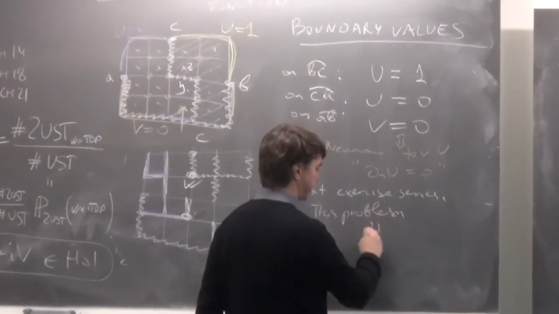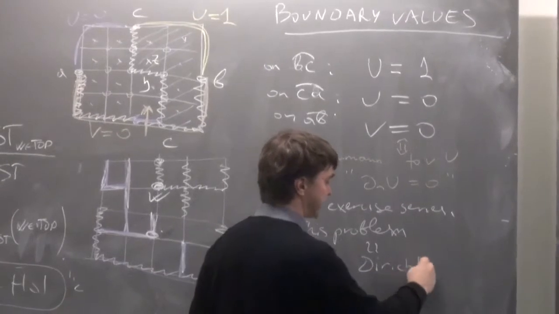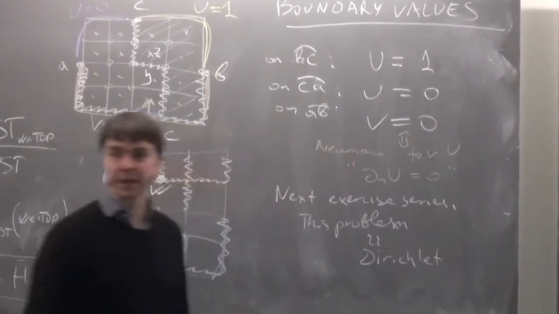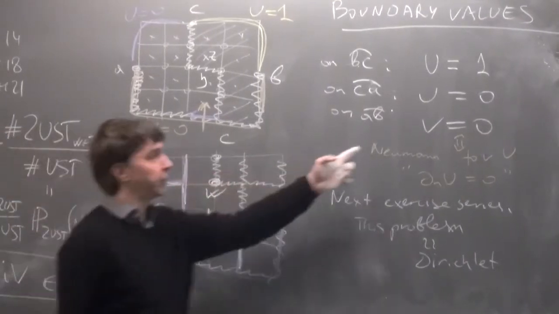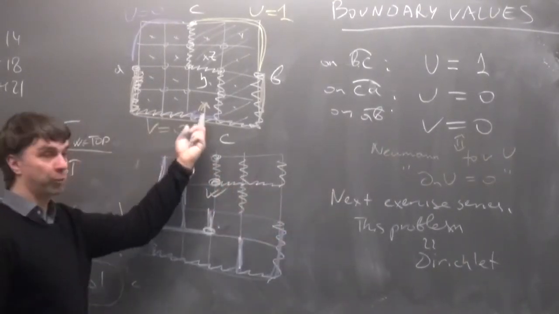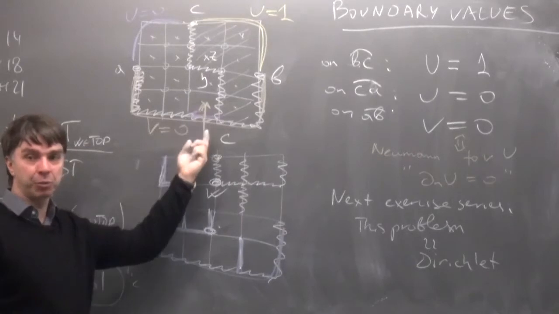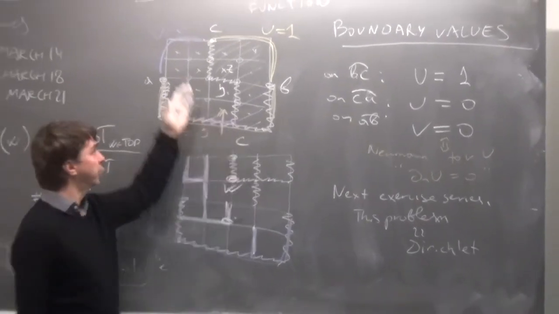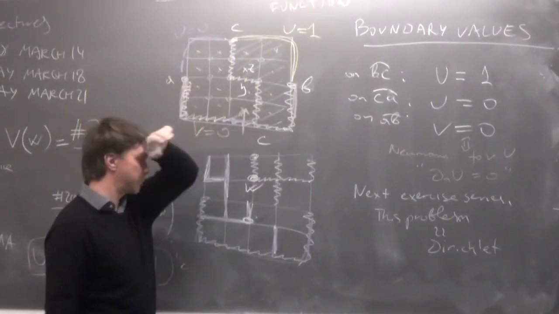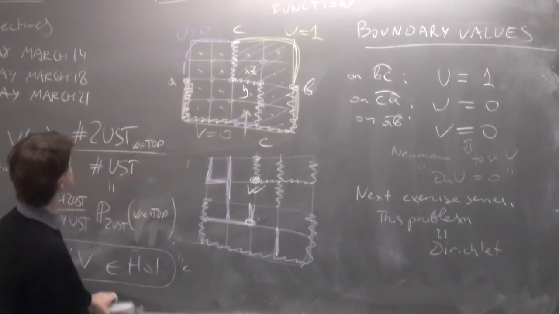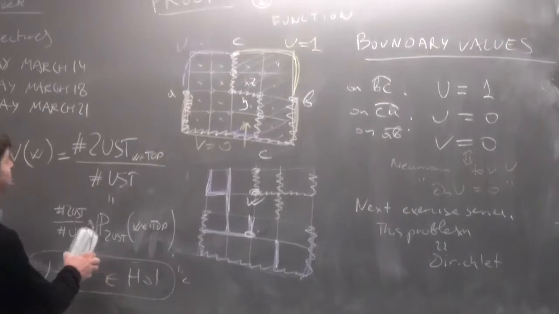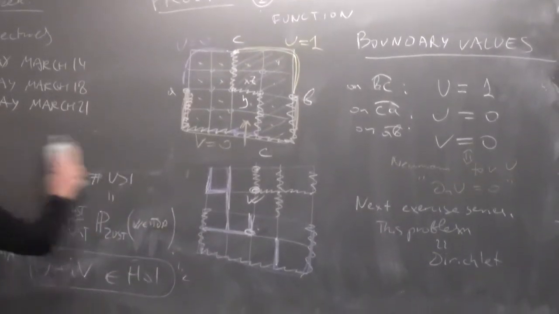So this problem is approximately equal to the Dirichlet problem in the sense that the difficulty is exactly the same. So for example, you have the maximum principle because if you have normal derivative 0, you can't have a maximum on the boundary. So the maximum will be either on this boundary or on that. So the function is between 0 and 1. And the key conclusion, so it's a proposition.